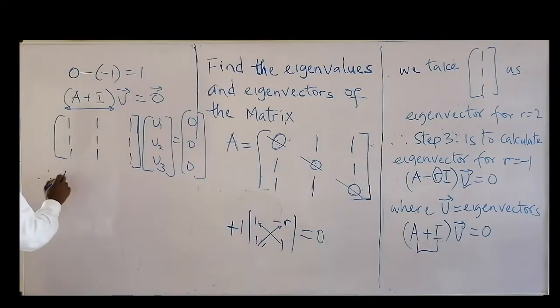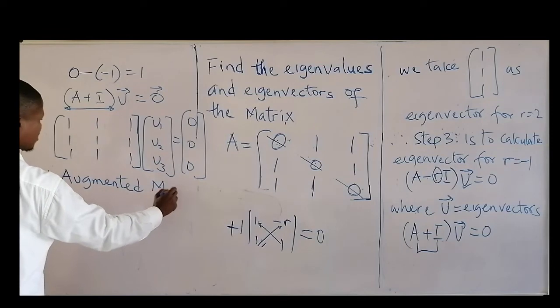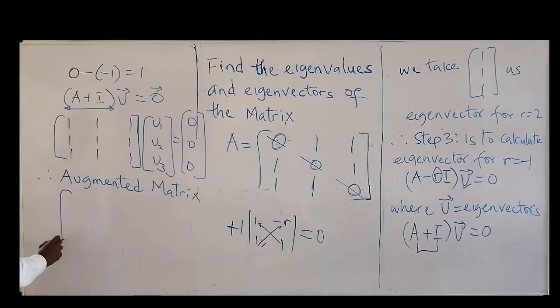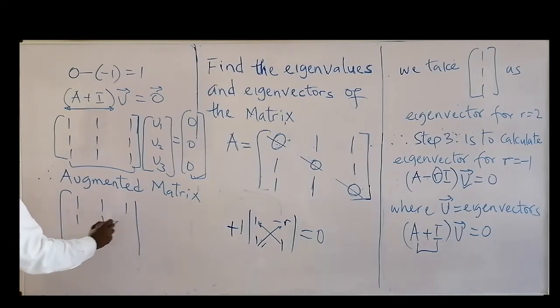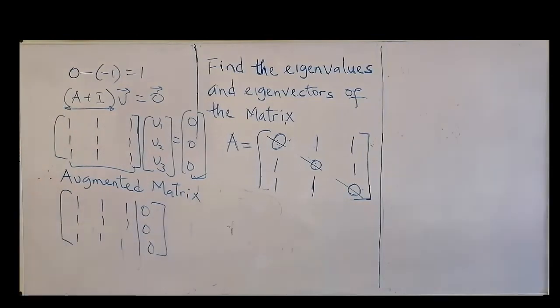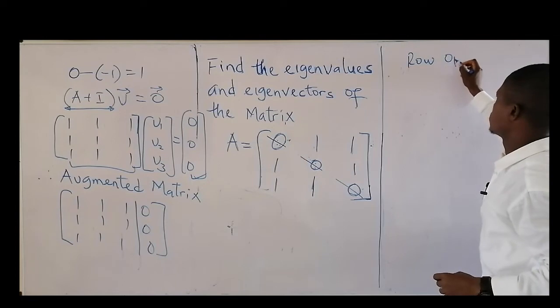The next thing to do is to get the augmented matrix, which is the combination of this one and this one. So that will be 1, 1, 1, 1, 1, 1, 1, 1, 1, then 0, 0, 0. Then the next thing to do is the row operation.